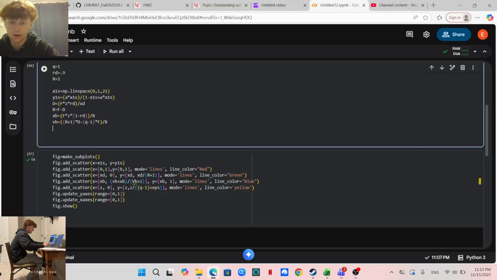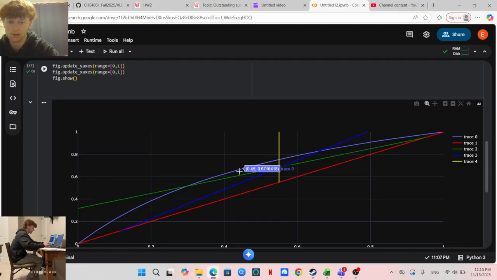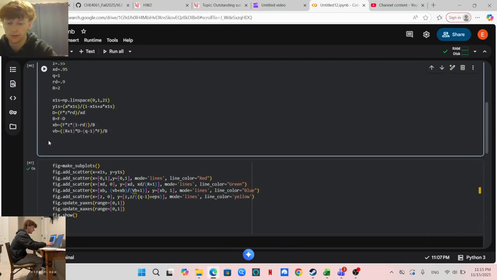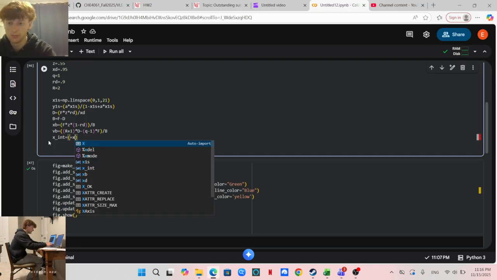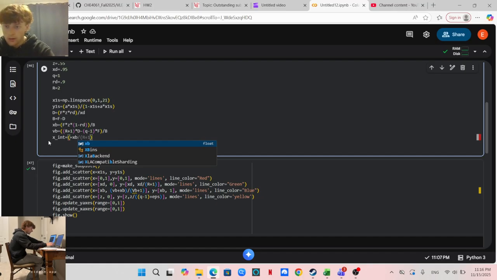So the next thing we want to do though is create our steps. So the first thing we need to find is the x-intercept right here, because as soon as we pass here, we're going to be using our stripping line as our guide. So we have our x-intercept, and we derived this earlier, so this is going to equal our negative xb divided by our vb, and then minus our xb divided by r plus 1.